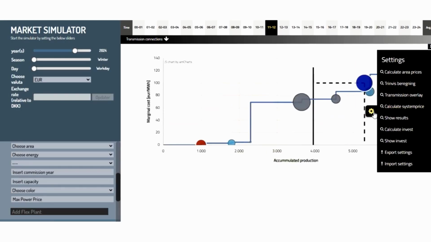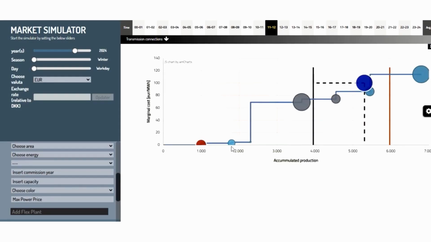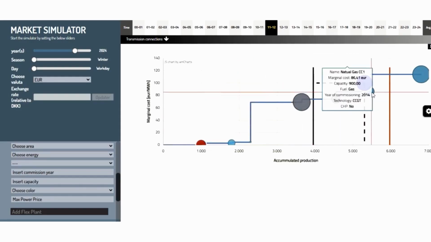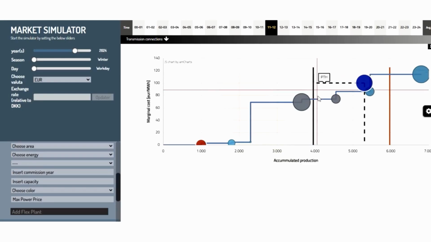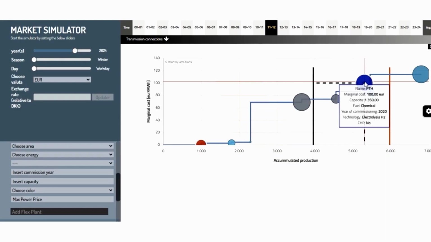So what you can see here on the bubble diagram here is that this is the supply curve here. This here is the demand curve. This is the demand without having flexible demand. This here is the capacity of this chemical unit that we have built. We said that the capacity was 1500 megawatt, but the availability is 90%.